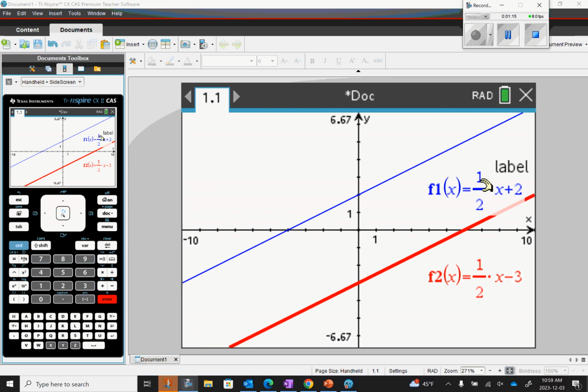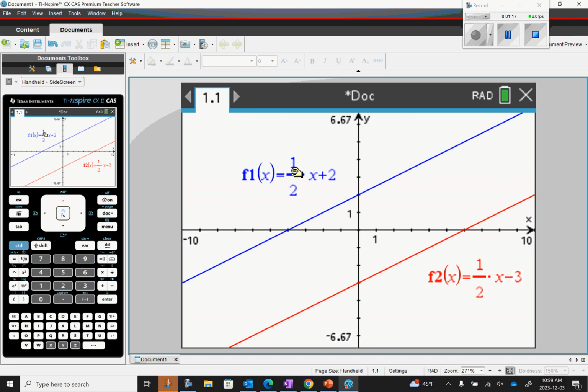We should be able to tell that by virtue of the fact that here we're given the equation of this blue line in slope-intercept form, y equals 1/2 x plus 2. And for the red one, it's y equals 1/2 x minus 3. Both of them have a slope of 1/2. The slopes are equal. Those two lines are parallel.